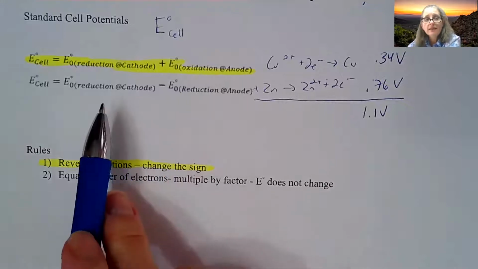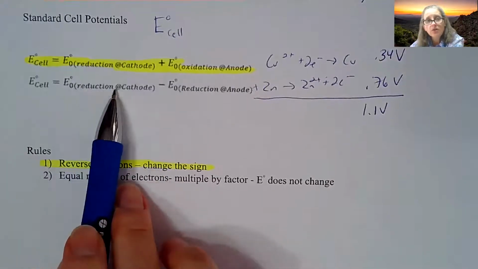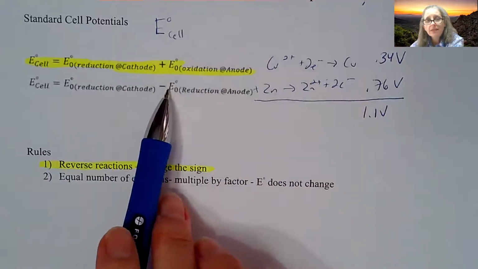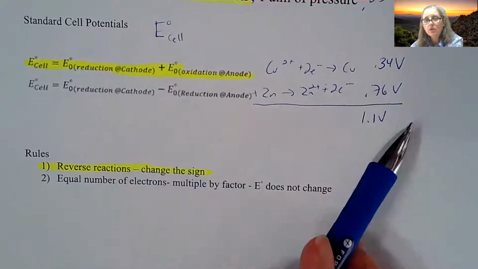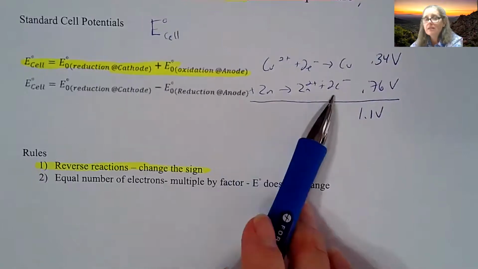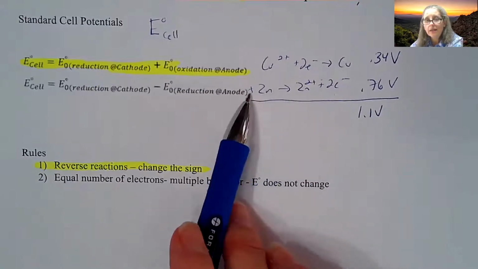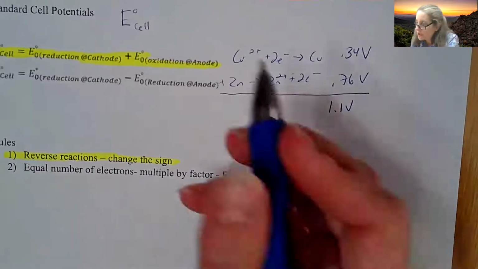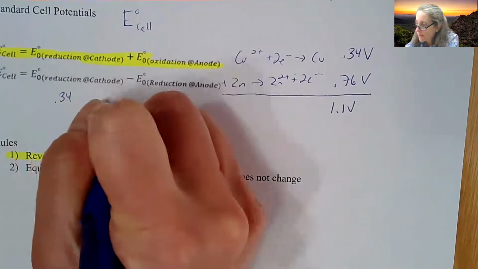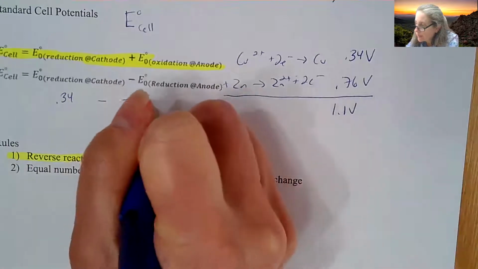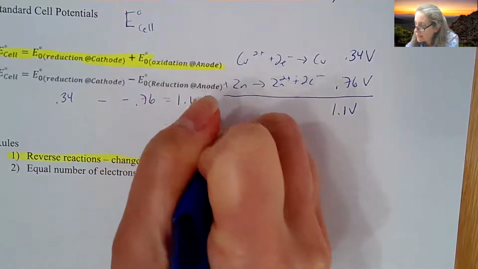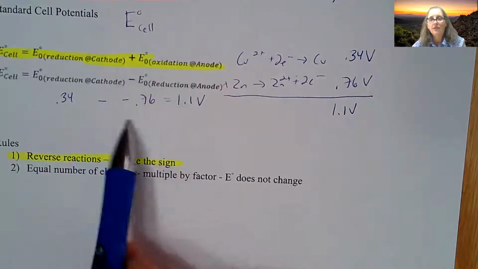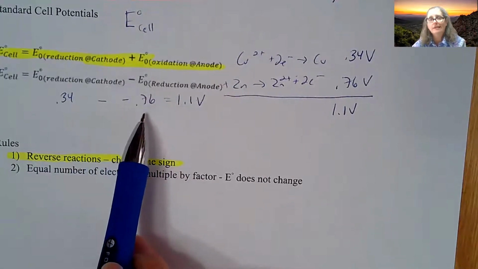Now, in the second equation, it has the reduction of the cathode, so that has the 0.34, but then it has minus the reduction at the anode. So zinc is the one that's being oxidized, but it is the other reaction in this cell. If I took 0.34 minus negative 0.76, I'm going to get exactly the same answer. So you're subtracting the other reaction that's probably negative.